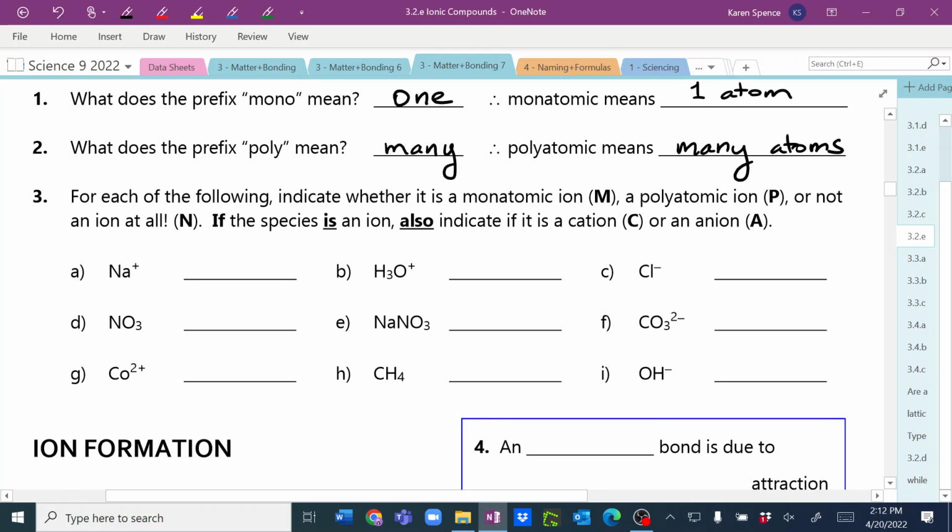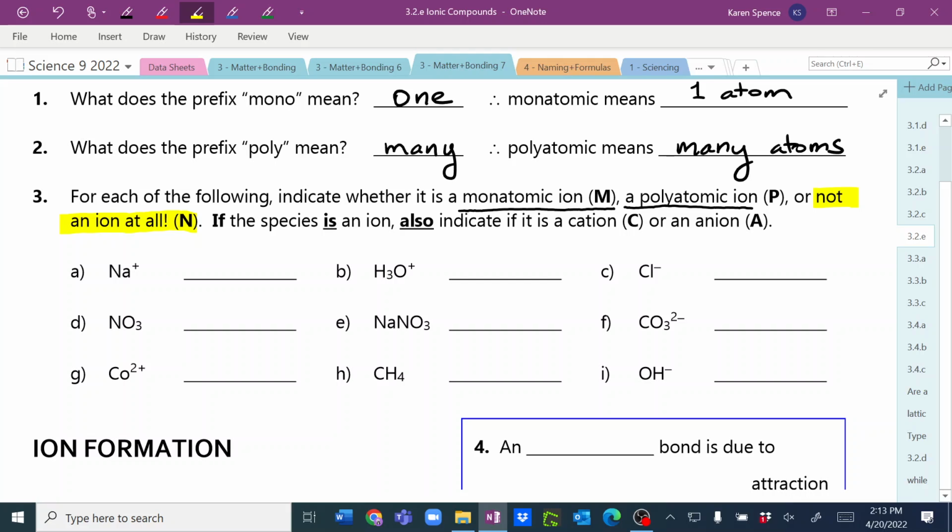So what you're going to do for this number 3 here, and I'm going to come around and check on you and see how you're doing, you're going to decide, first of all, if you have a monatomic ion or a polyatomic ion, so M for monatomic, P for polyatomic, or maybe it is not an ion at all, so N for not an ion. How can you tell if something is an ion? Yes, if it has a charge.